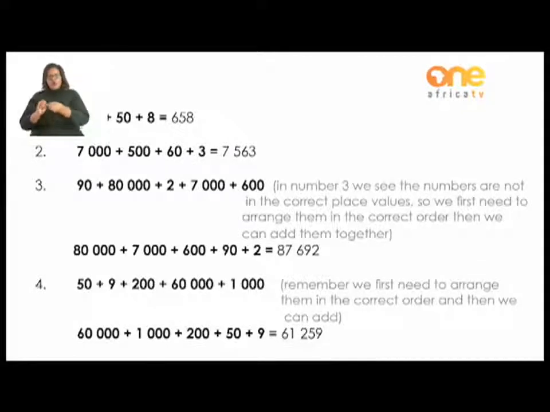We will get 60,000 plus 1,000 plus 200 plus 50 plus 9. And if we add it together, that gives us 61,259. So remember, even although they mixed it up, firstly, just arrange it from the biggest value to the smallest value, and then we add it together. So that is what expanded notation is.